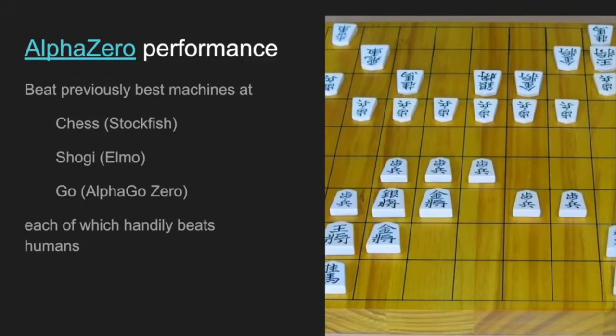And within 8 hours, it had beat the previous best computer, its uncle, AlphaGo. Because it did not build any rules of the game, it was also able to learn chess and beat the current best chess playing program, Stockfish, and another board game called Shogi, and beat the current best shogi playing program as well, all of which beats humans by a wide margin.